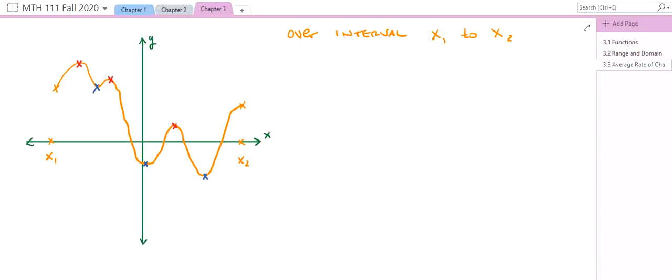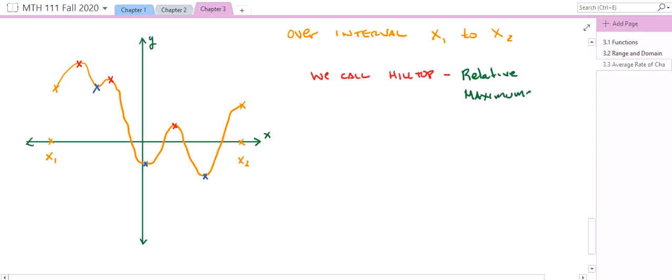Well, we call the hilltops relative maximums.